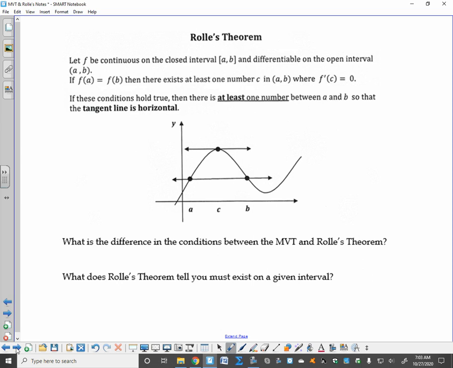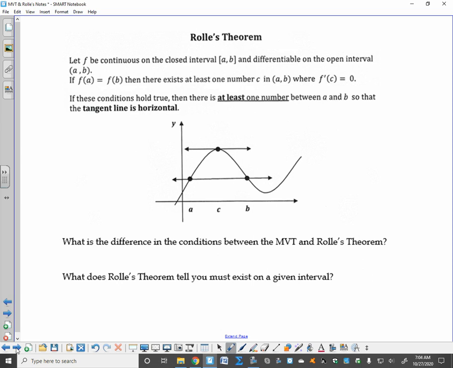So here we go. Rolle's theorem. Let f be continuous on the closed interval and differentiable on the open interval. That's exactly the same, no big deal. So we have to do continuous and differentiable. Now here's where it gets different. f of a and f of b are the y values for a and b, and it's saying that they have to be equal.